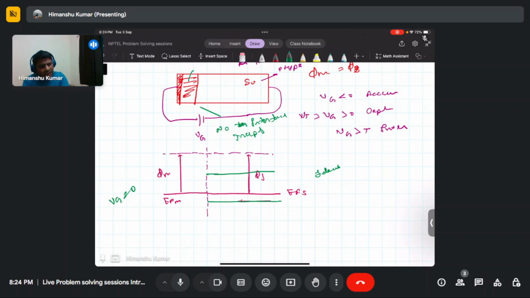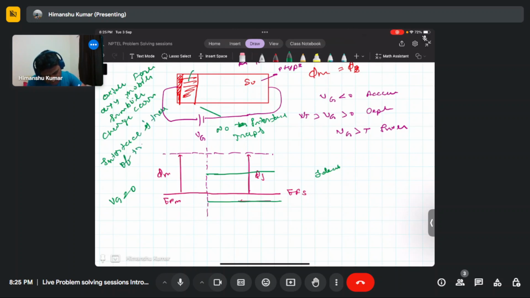So here we assume the oxide is free of any mobile or immobile charge carriers, and the interface is free of traps.